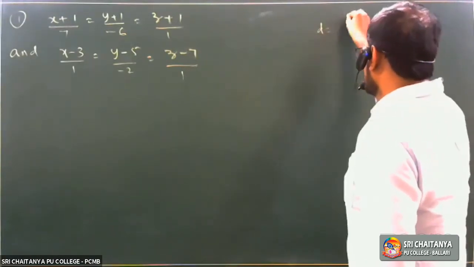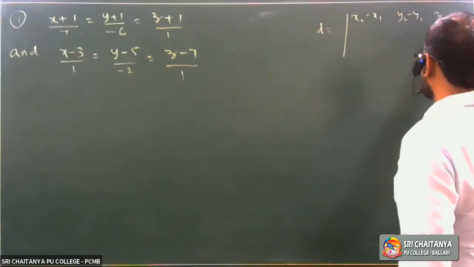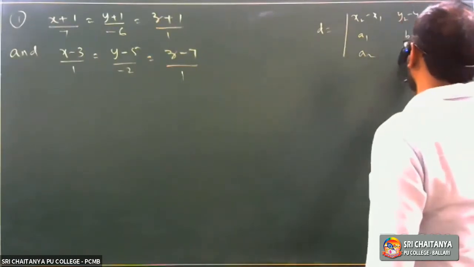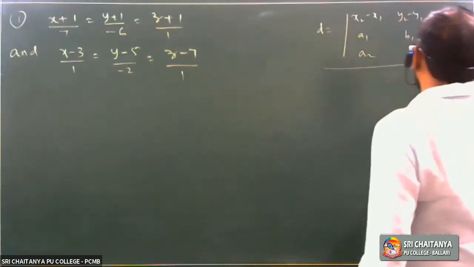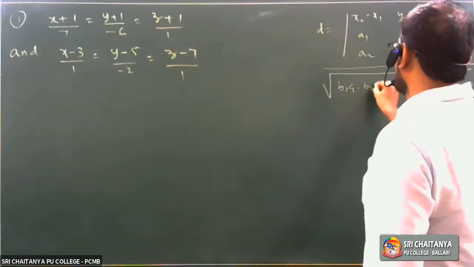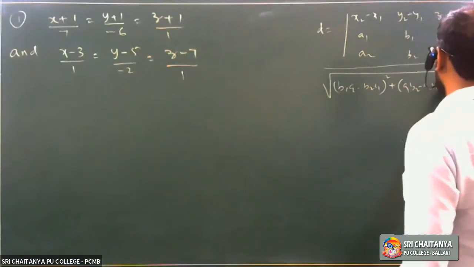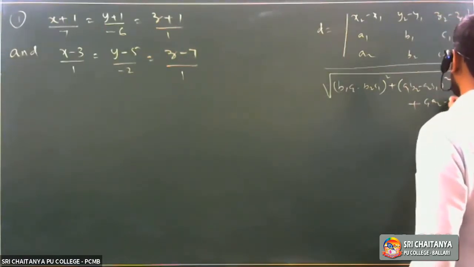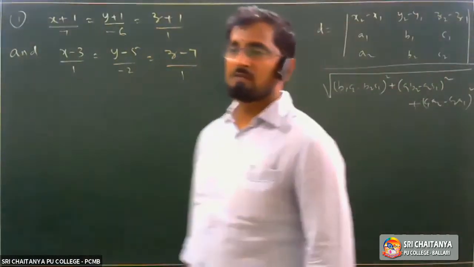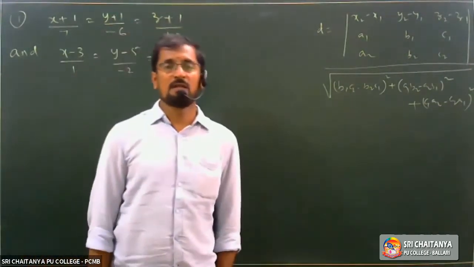D is equal to the determinant of x2 minus x1, y2 minus y1, z2 minus z1, a1, b1, c1, a2, b2, c2 upon root over (b1 c2 minus b2 c1) whole square plus (a1 b2 minus a2 b1) whole square plus (c1 a2 minus c2 a1) whole square. This is the shortest distance between two lines if Cartesian form has been given.